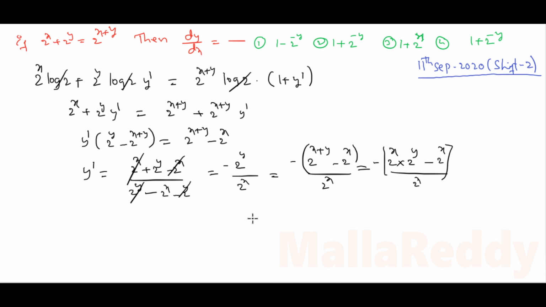So take 2 power x common, that is minus 2 power x into 2 to the power of y minus 1 by 2 to the power of x. Here 2 power x cancel, take minus multiplying by minus, that is minus into minus plus 1, that is minus 2 to the power of y. 1 minus 2 to the power of y. So here first option is correct answer.